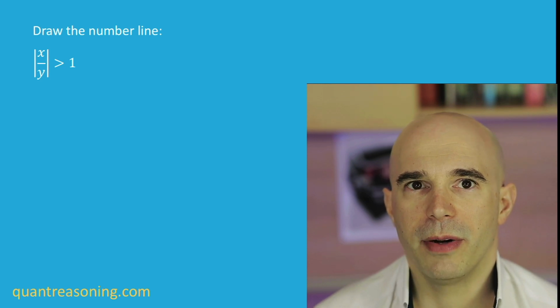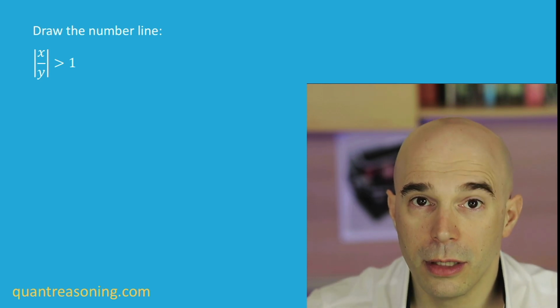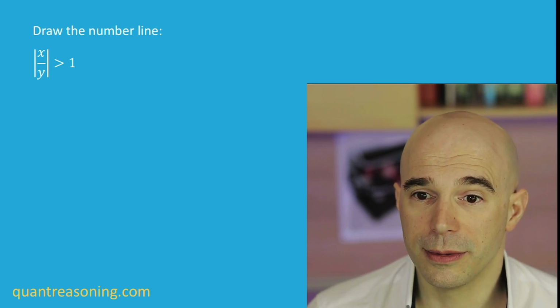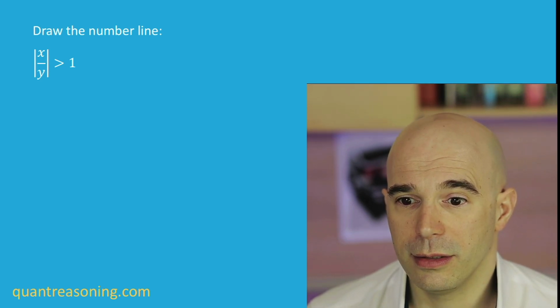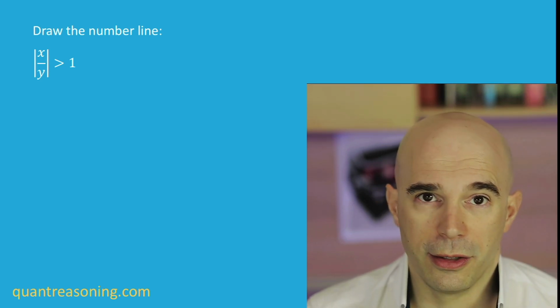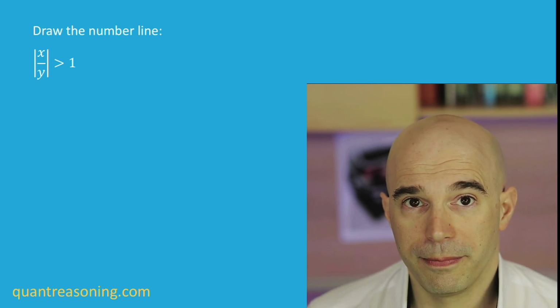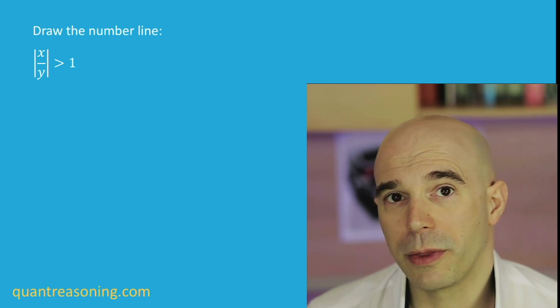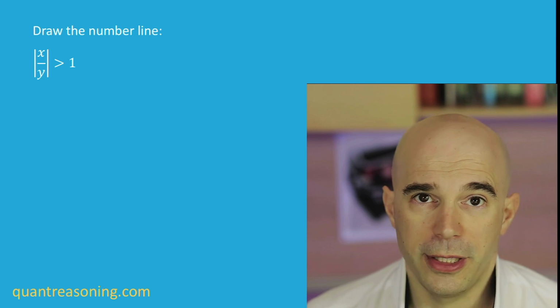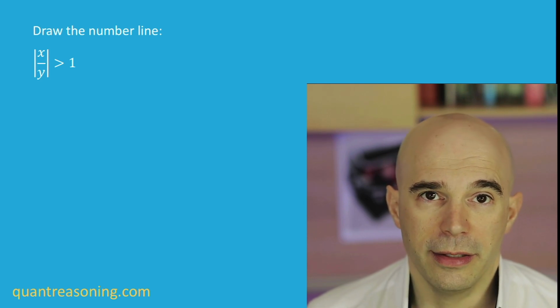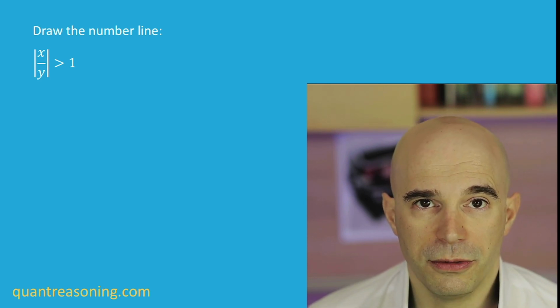Maybe one way to think about that is that the numerator overshadows the denominator, and that's why the ratio is greater than 1. I think it's worth mentioning that the ratio is definitely not going to be negative because we're looking at a ratio of absolute values.